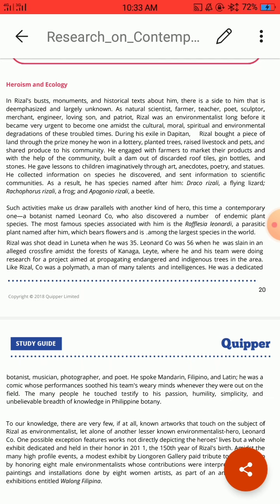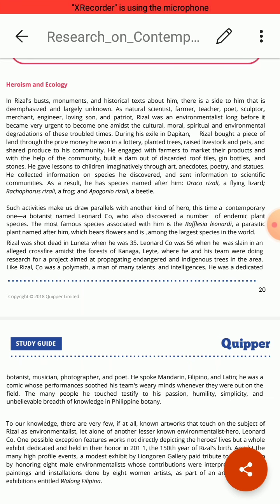Tapos, during his exile in Dapitan, si Rizal daw nagpalit og yuta nga nadaugan niya sa iyang pagkapanalo sa lottery. Nagplant siya trees, nag-raise siya livestock and pets, tapos gipang share dia ang produce iyang mga nakita sa iyang community.